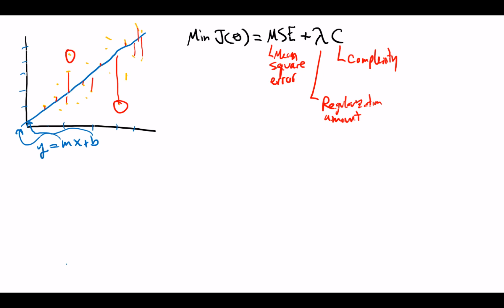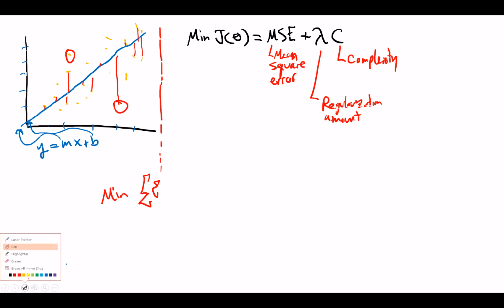And our purpose, if we add up all these vertical lines, this line right here, this line right here, this line right here, this little line, and this long line, well, after we've summed those up, we want to minimize that. So our purpose is to minimize the error that we see here.